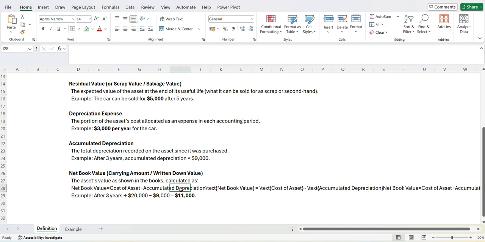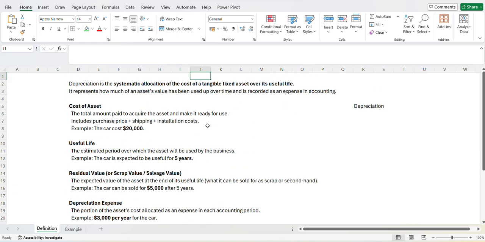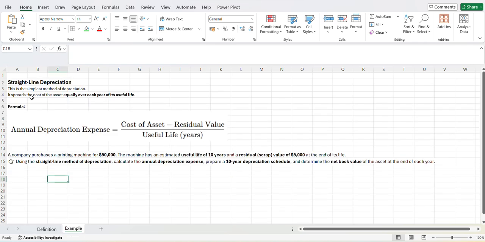Depreciation. Alright. So there are so many ways of calculating depreciation, and one of the simple ways is the straight line depreciation. Under the straight line depreciation, each year you allocate an equal amount of depreciation up to the end of its useful life.